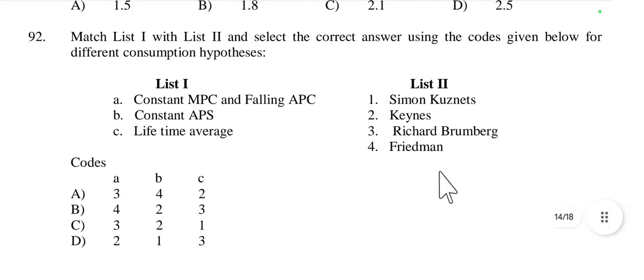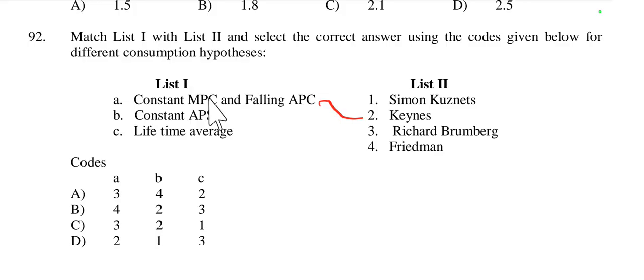Then question number 92. List 1 and list 2: constant MPC and falling APC, constant APS, lifetime average. In question number 92, first one is constant MPC and falling APC. Falling APC is in the theory of Keynes.